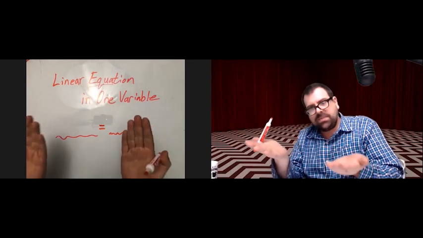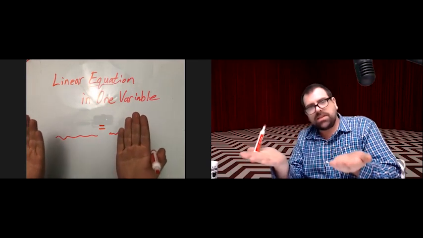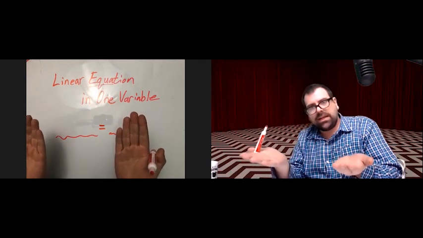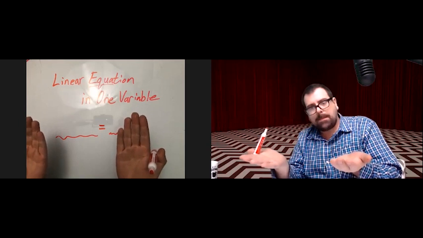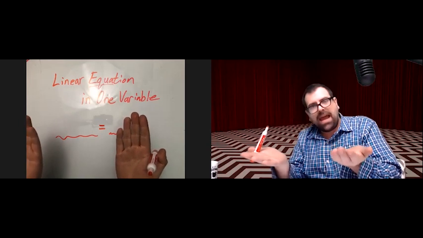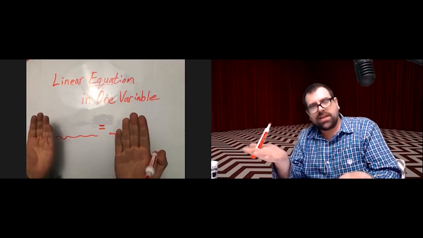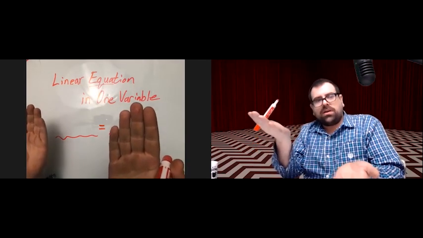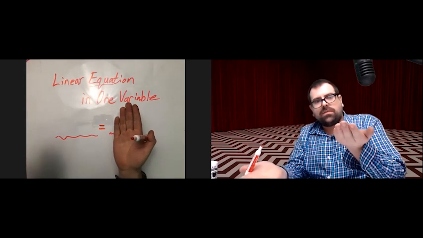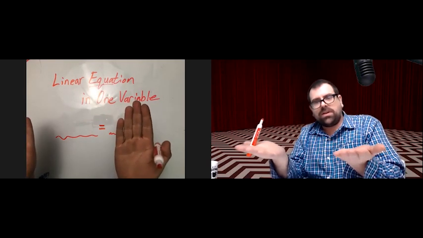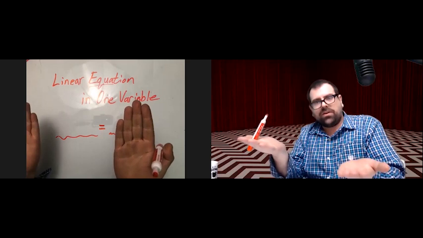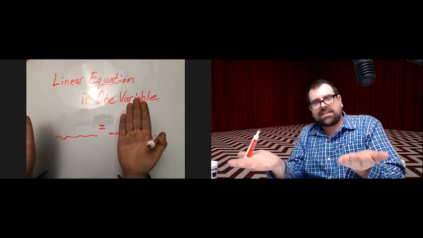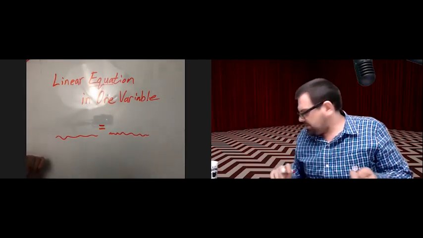For those scales to be balanced means that there's the same weight on each side. If you were to add weight to one side, the scales are not balanced anymore. Too much to the other side, not balanced the other way. The only way to keep them equal is once they are equal, whatever you do to one side, you have to do the exact same to the other to keep it balanced.